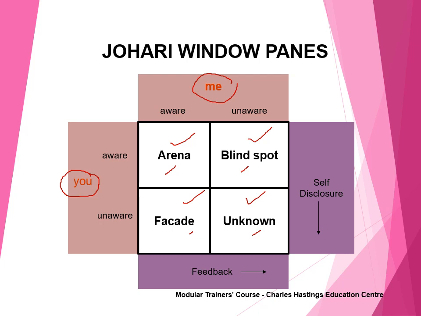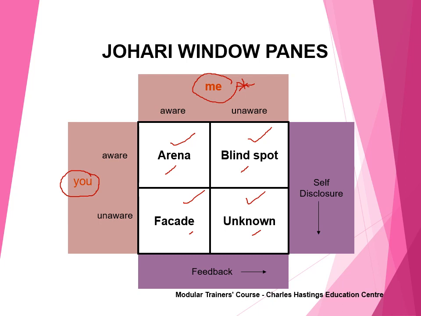So these panes are actually the situations that me and you will face in the relationship. But between me and you here, me is the central object, or me is the most important. So understand that me is very important. Later when I give you the example, everything goes back to me. So don't get confused.